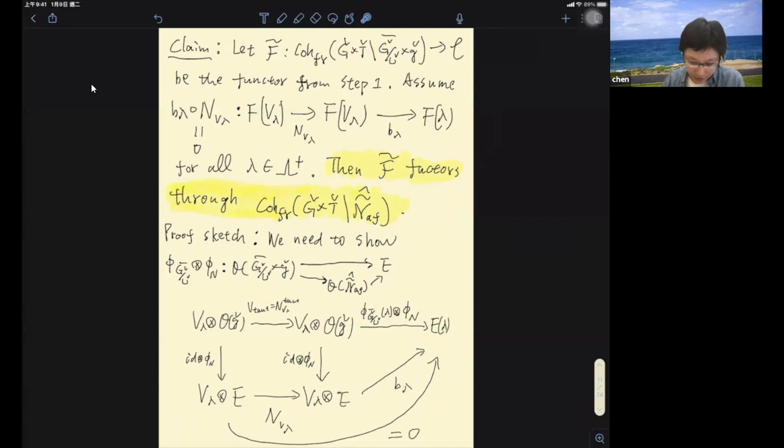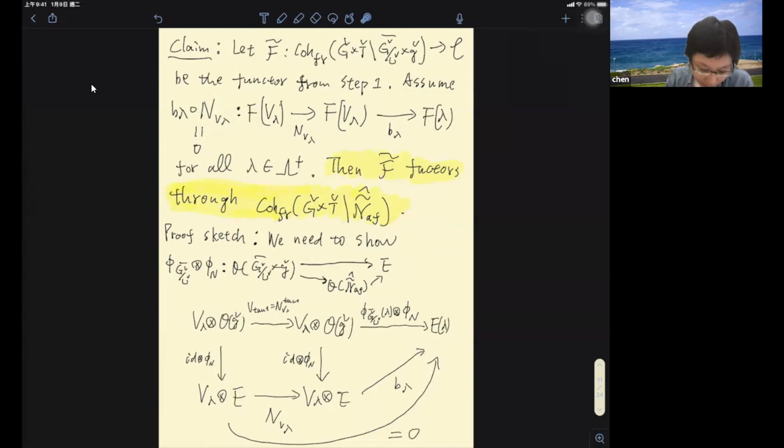So here's the claim. In the previous two steps, we constructed this functor on the quotient stack of this product. Now the assumption is that we have this tensor endomorphism from step 1 and this arrow in step 2. At this level, they don't talk to each other; there's no relation.